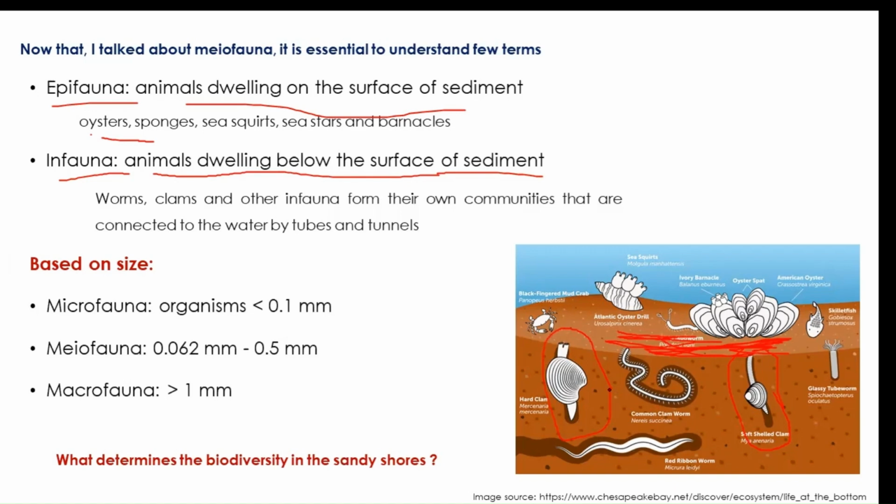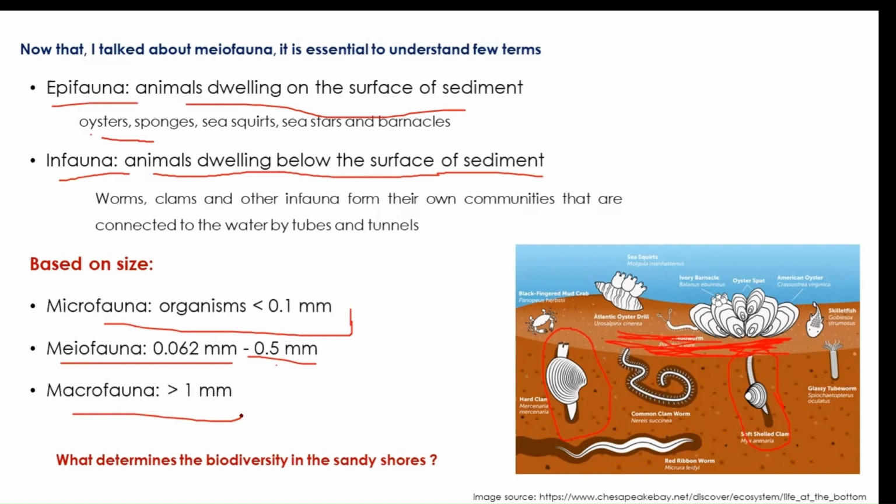Further, the fauna can be divided depending on size. So you can have microfauna, which are organisms smaller than 0.1 mm in size, right? Then you have meiofauna between 0.1 and 0.5 mm. And then you have macrofauna, which is greater than 1 mm.